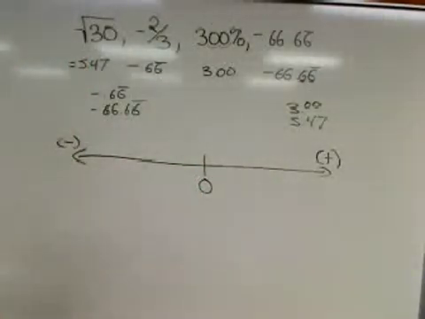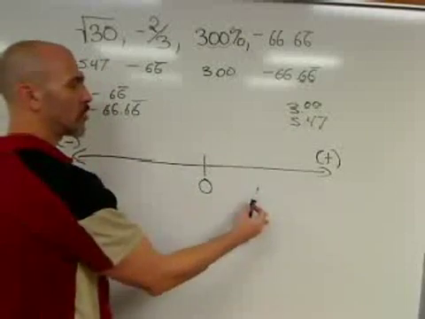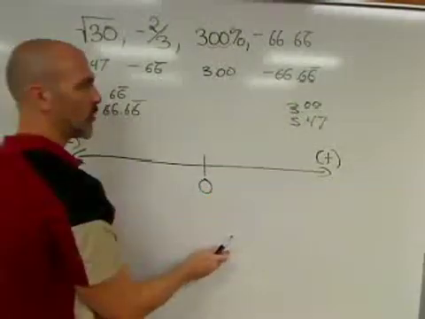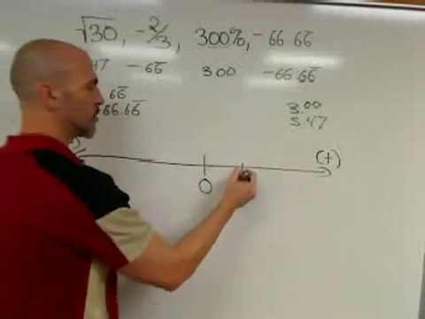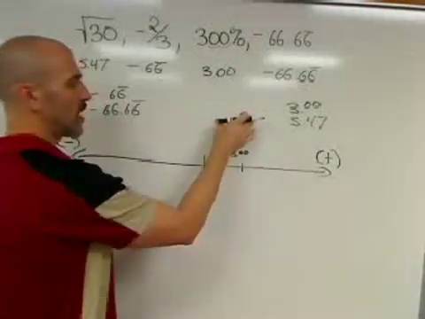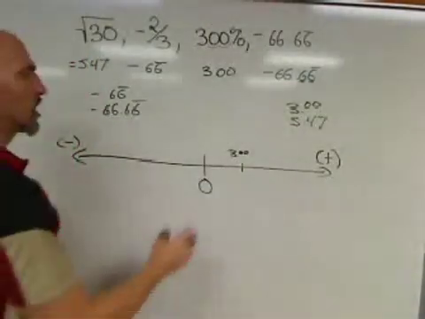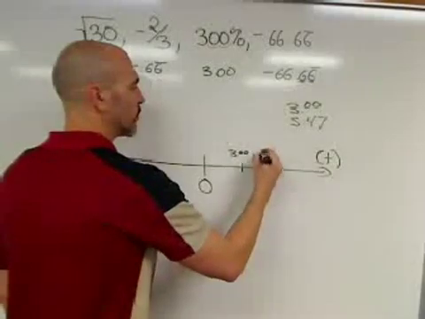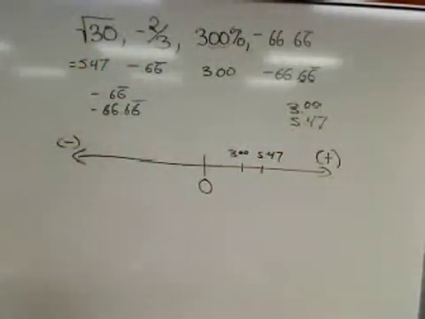So for example, if I'm on the positive side and I'm leaving 0, what number am I going to run into first, the 3 or the 5.47? Well, I would go 0, 1, 2, and then I would run into 3. And I'm going to put the decimal form on top, and I'm going to put the original form on bottom. After 3.0, the next number I'm going to run into is 5.47. And that takes care of my positive side.